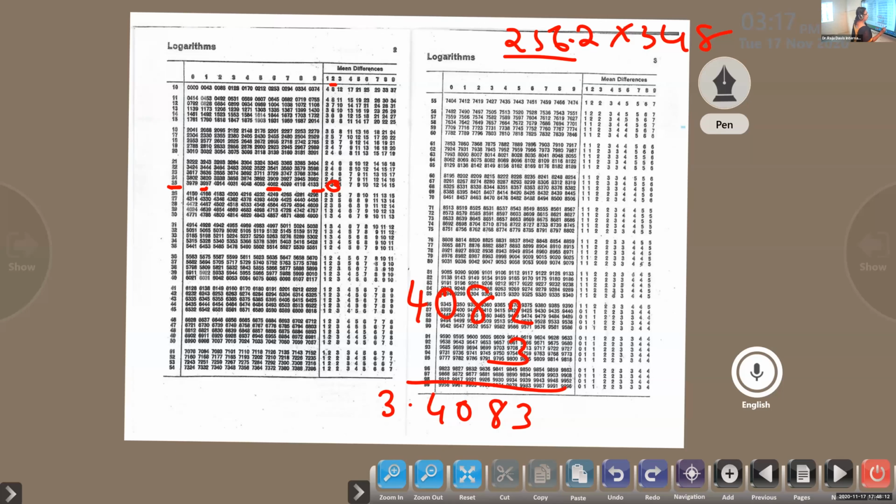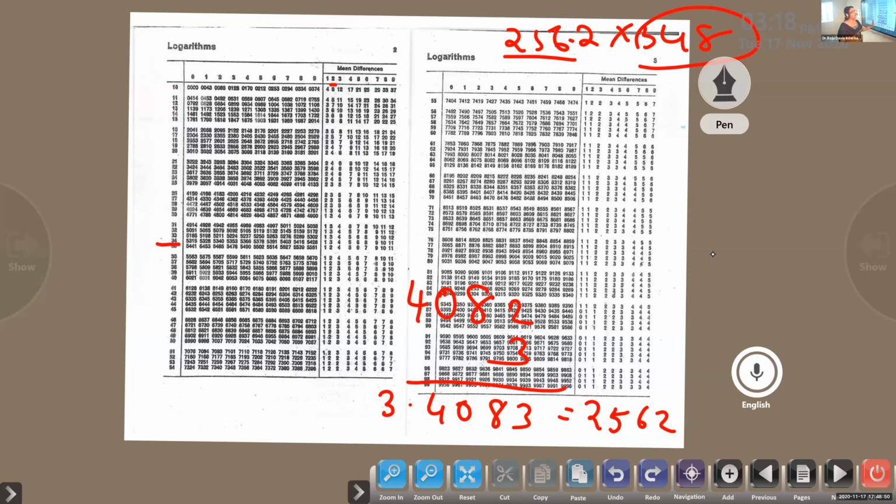Next, I have given you the number 348. Similarly, go for 34, and after 34 it is the number 8 that I have given. So go under 8. It is 5416 under 8. So 348 is equal to 5416. There is no other digit, only three digits, so we can stop there.